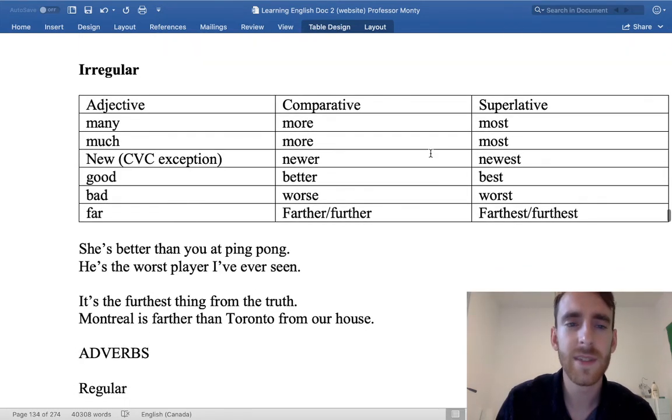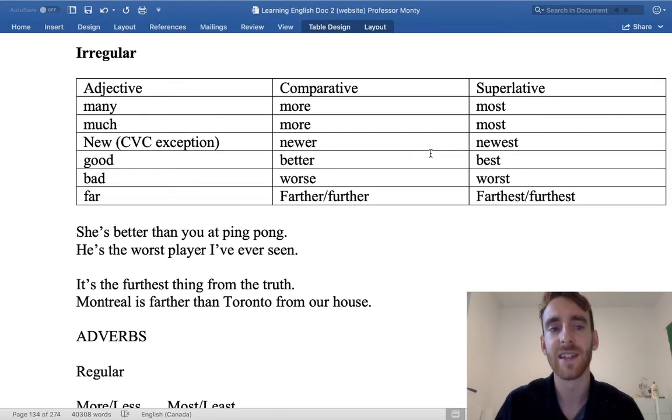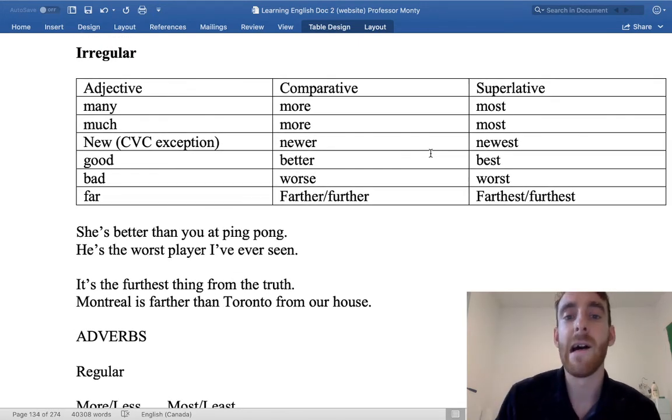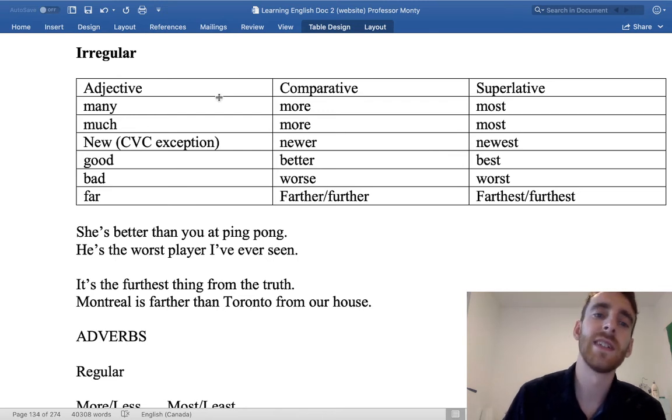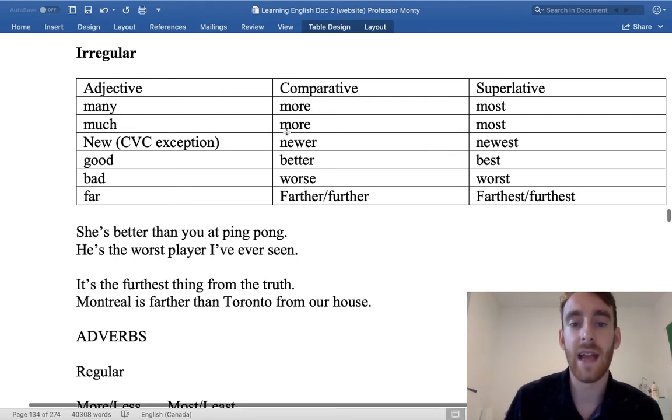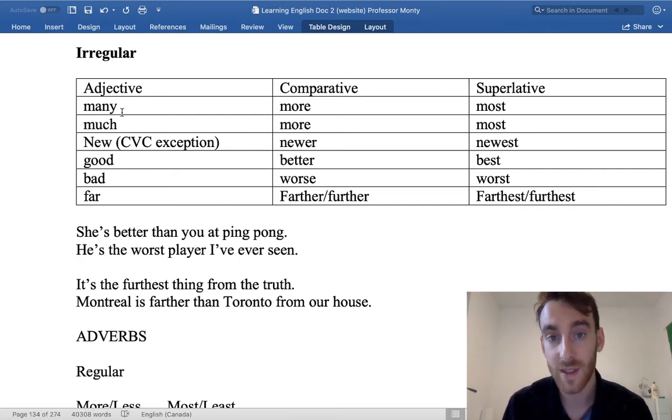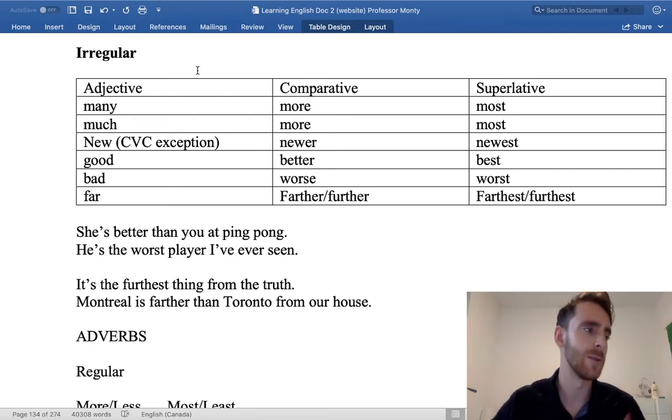Now, this is interesting as well. There are some irregular adjectives, right? For example, many and much. Here we're talking about quantities, right? So don't get confused here, but it's just easy. So let's say I have many pens. So let's say I have a bunch of pens here on my desk.